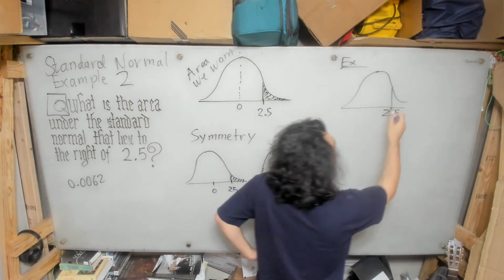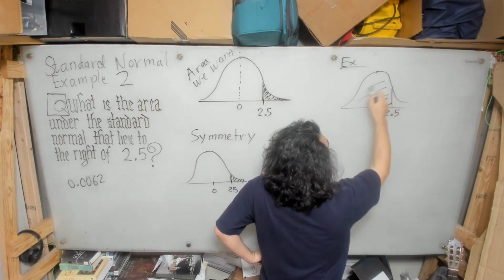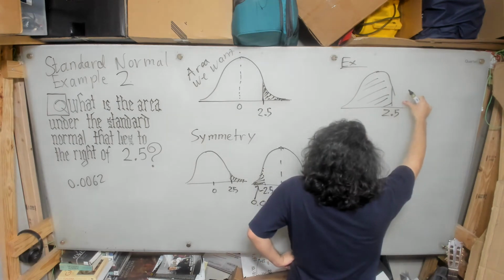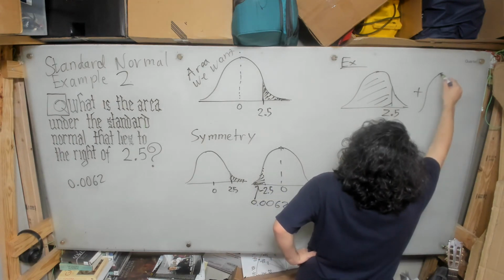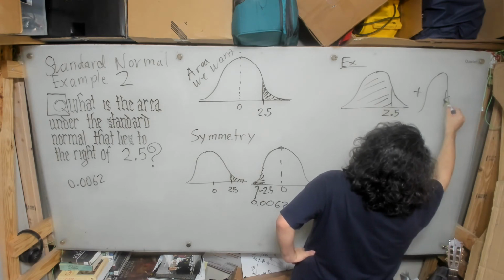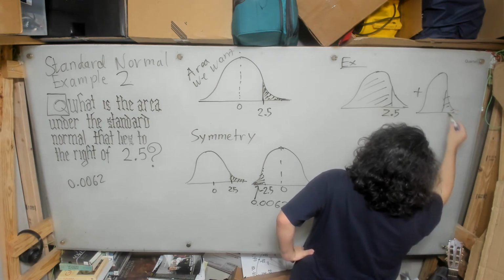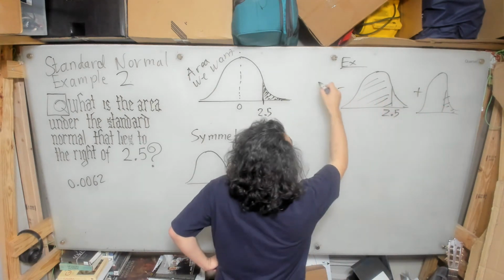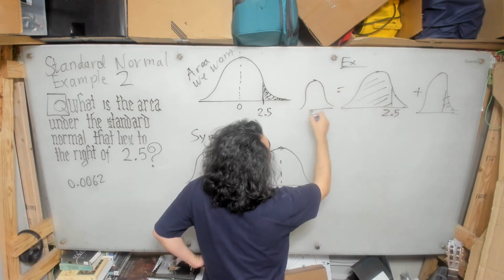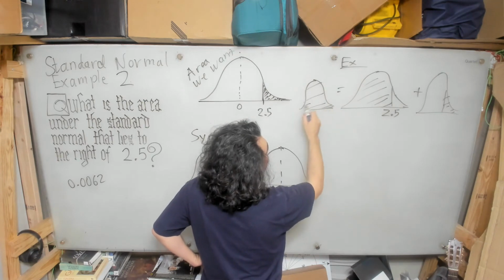The area to the left of 2.5, plus the area to the right of 2.5, those areas have to add up to 1. They add up to, essentially, the whole normal curve. I'm sorry, these are so small, but I know you guys get the picture.